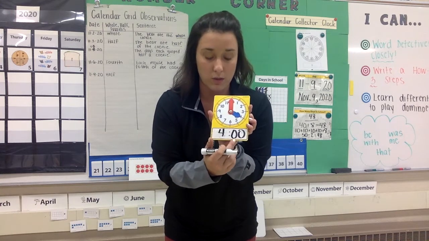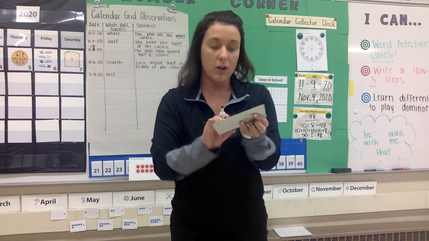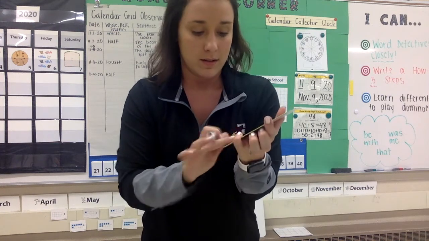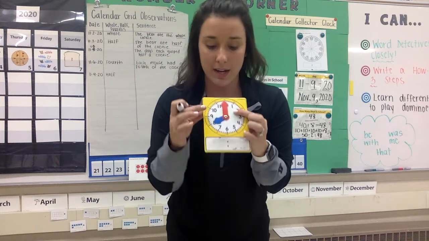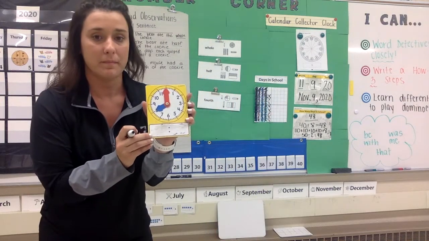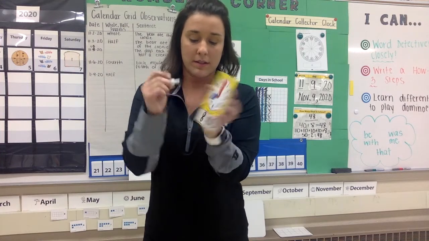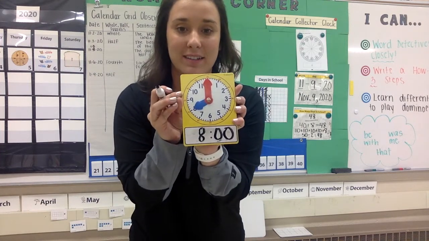So it's 4 o'clock. What about if I move my little hand all the way to the 8? Remember, my big hand is staying the same. My little hand is at the 8. What time is it now? Think about it. So it'd be 8 o'clock.